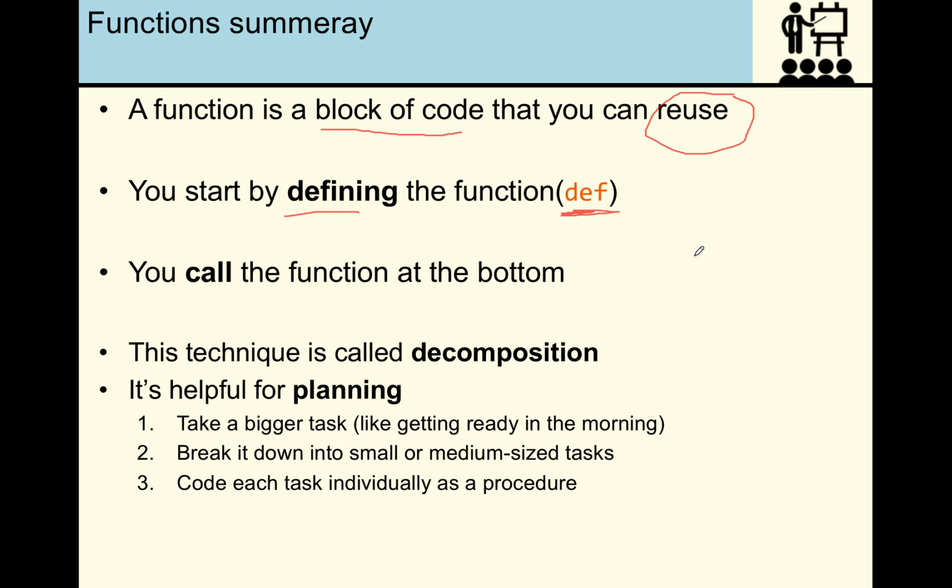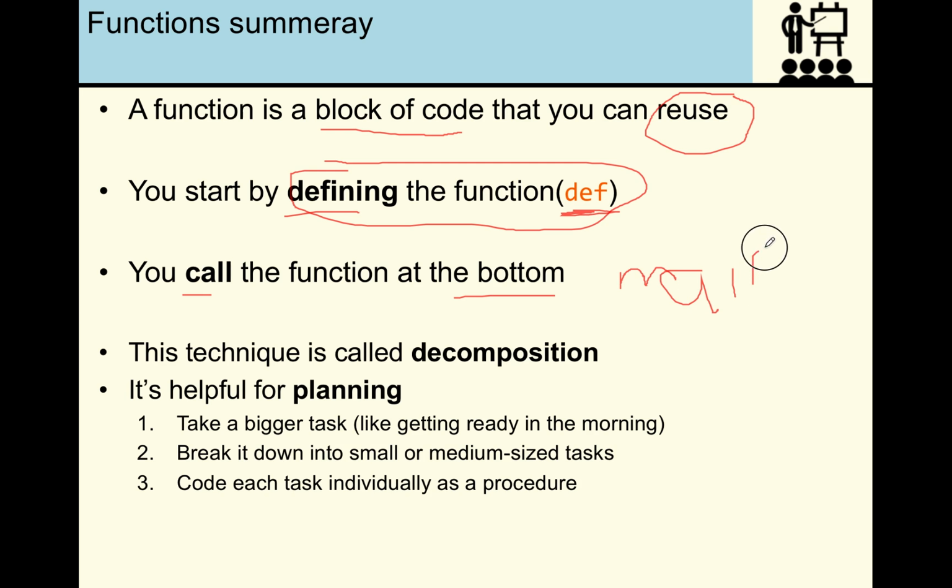So if you get an exam question that asks you to write a function, you'll get 1 mark just for defining it. And you need to call your function at the bottom, in your main program.